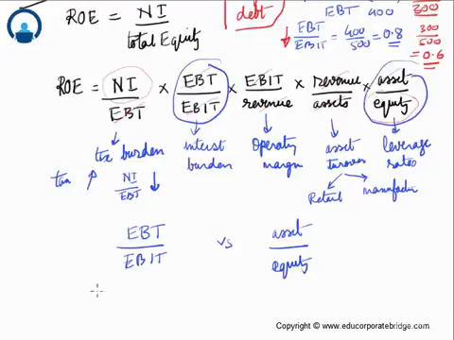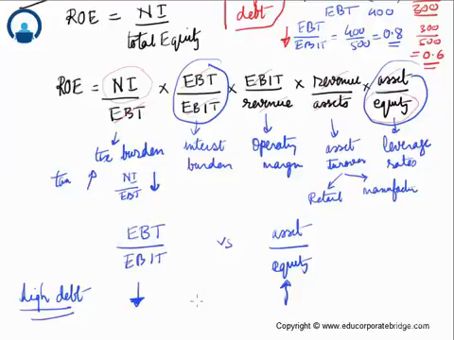Now let us see what happens when there is higher debt. Higher debt would mean EBT divided by EBIT will go down. We have seen this earlier. However, when we talk about assets and equity, obviously if debt goes up, your total assets will move up, so this number will move up.